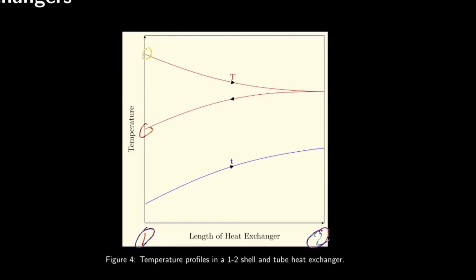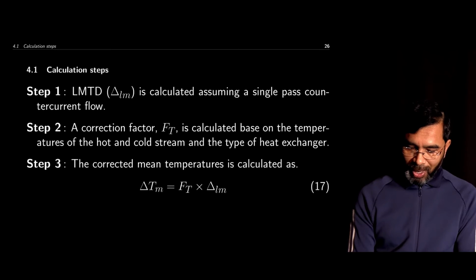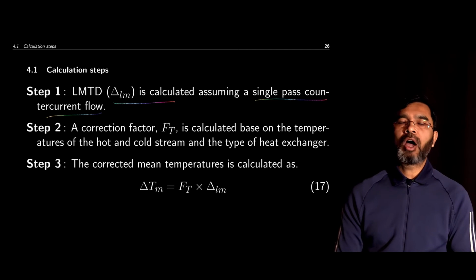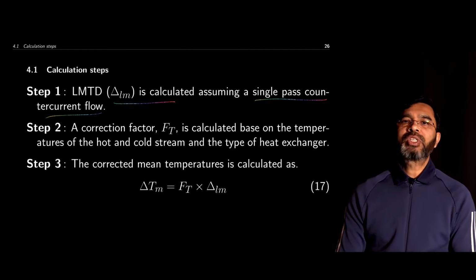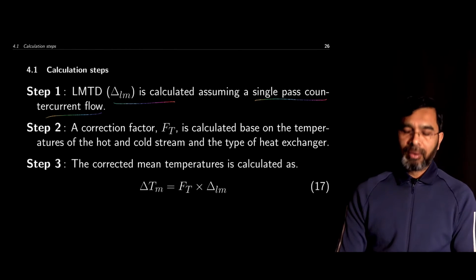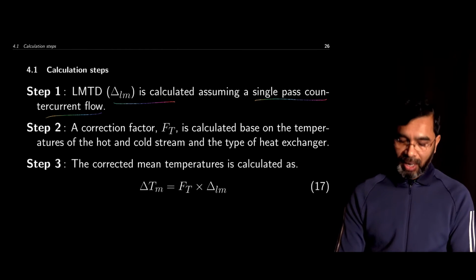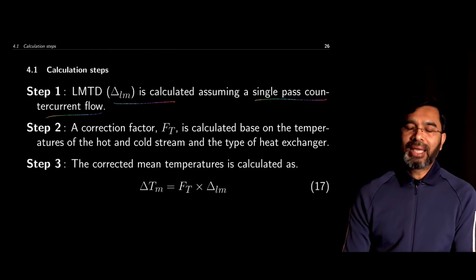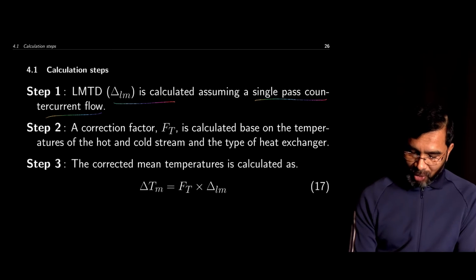So for such a case, we need to follow an approximate procedure, and it involves 3 steps. In step 1, we calculate an LMTD assuming a single pass counter current flow. It doesn't matter how many passes there are, we assume a single pass counter current flow and calculate the LMTD following the procedure described earlier. And then we correct that LMTD by a correction factor, FT.